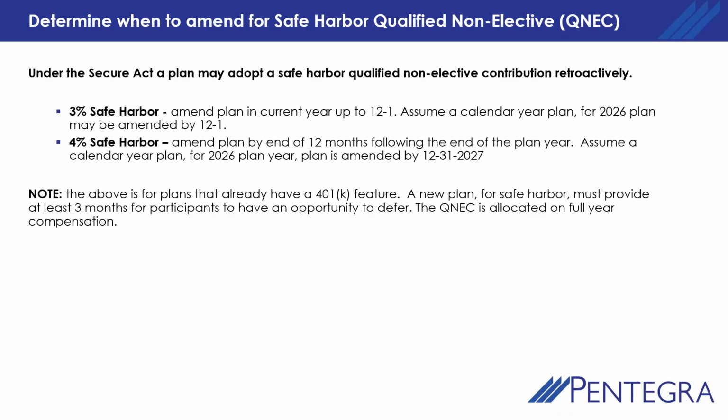The retroactive safe harbor amendment is only for a QNEC. So if you have a client that wants to do a safe harbor match and they're adopting mid-year, what you could do is adopt the 3% safe harbor, and then moving forward on a date in the future, you could change that to a safe harbor match.